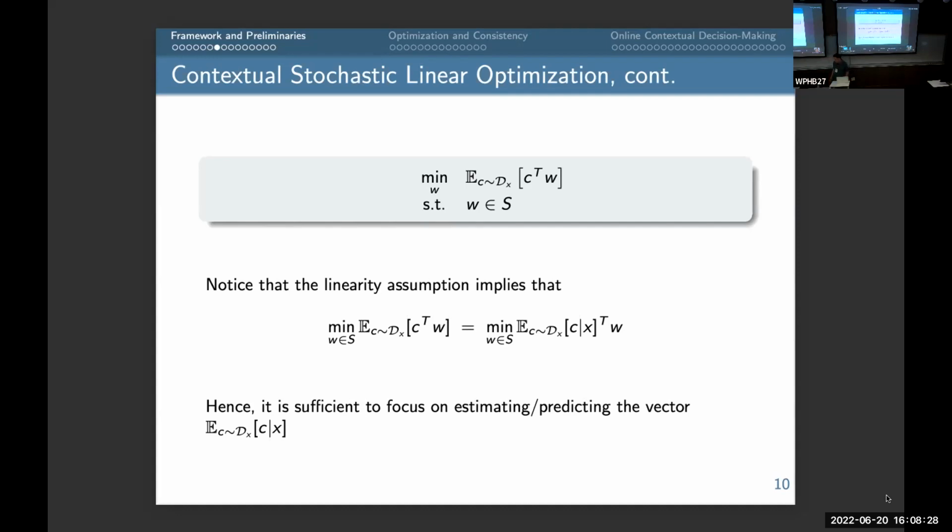So in a sense, that would be great. So what it really comes down to is how do we estimate this conditional expectation function in a way that accounts for the structure of the feasible region S? But what this relationship shows is that really estimating this conditional expectation function is sufficient. So that is one way to think about our objective here.